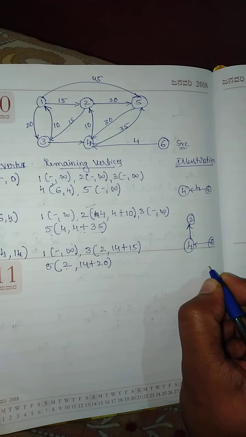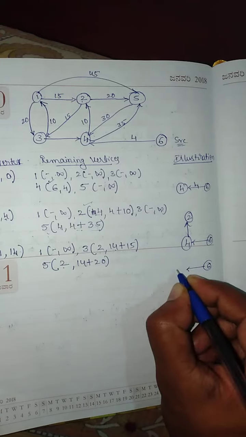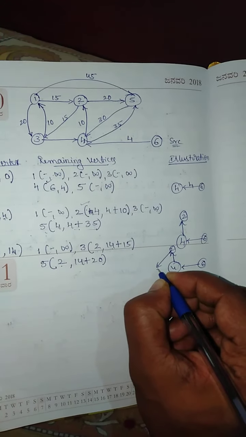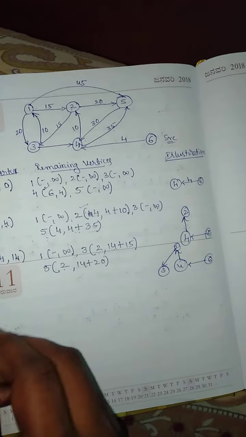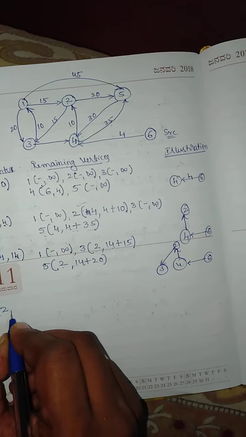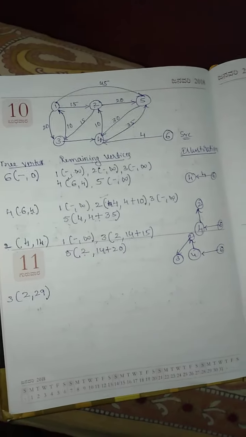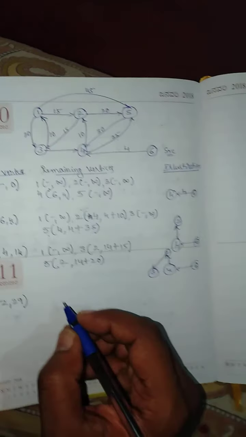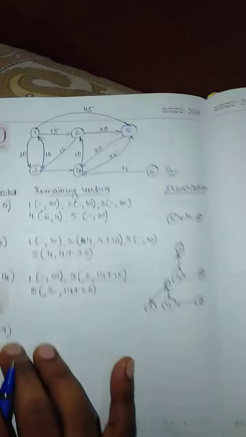So in the illustration it is 6, 4, 2, 3. Done. For the next iteration we will add 3, reachable via 2 with a cost of 29. Now is 1 reachable from 3?